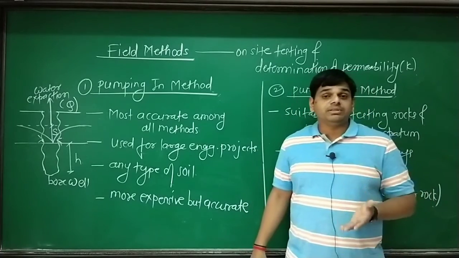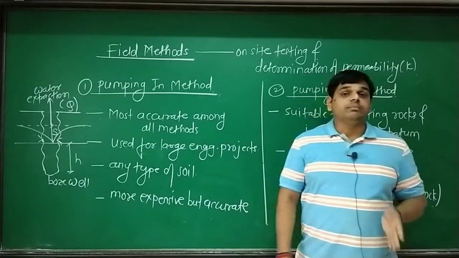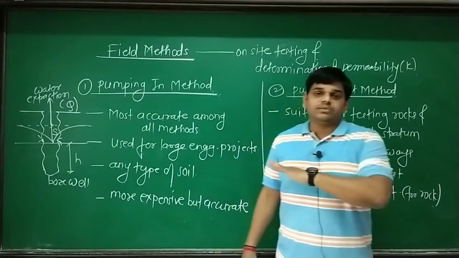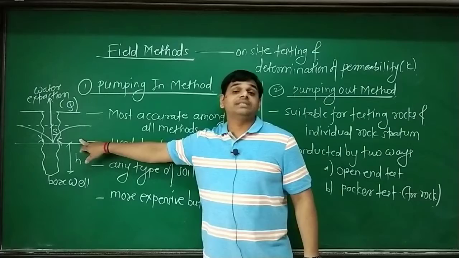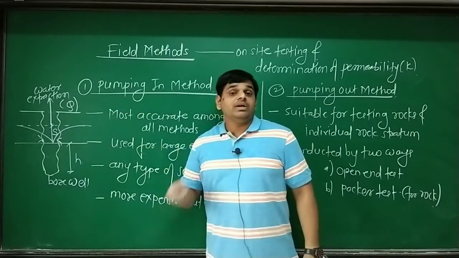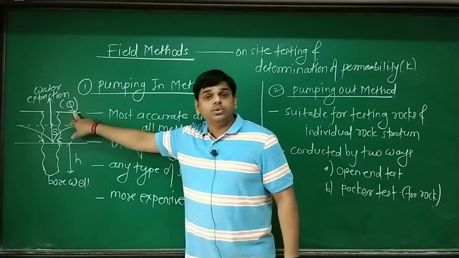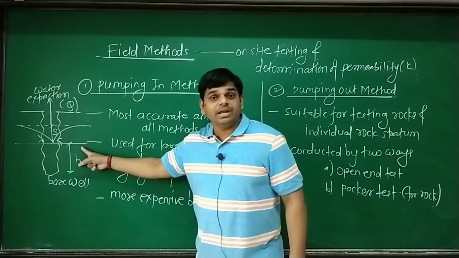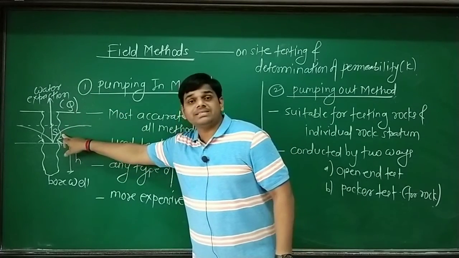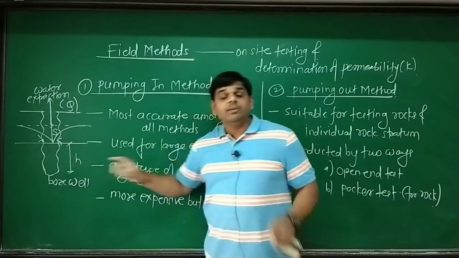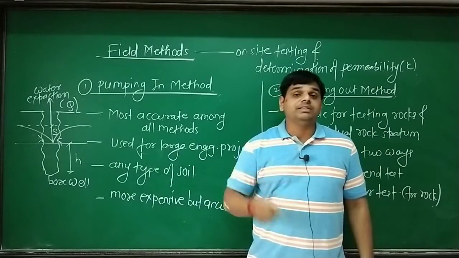Just like in laboratory methods we have restrictions, we have to use a particular method for a particular type of soil. But here we can use this method for any type of soil, because we are going to make a bore well inside the ground, and from that bore well we are going to extract the water. That is rate of extraction Q, drawdown S, and height of groundwater H. By using these three terms we are going to write the expression for finding the permeability.